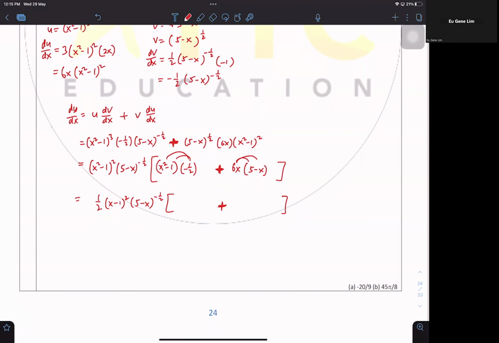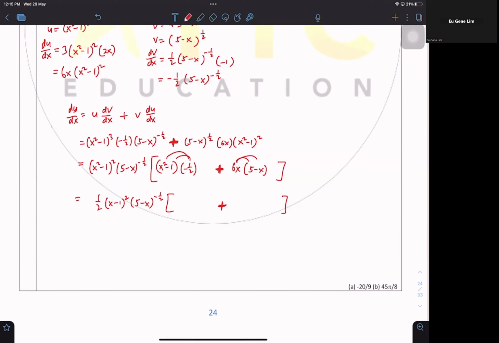I mean, if you don't want to take out the 1 over 2, actually acceptable. So if you don't want to take out, you just expand, and then you just calculate whatever you can, like negative 1 over 2 x squared minus 6x squared. Then you just press calculator, understand? Then that's the answer, just like that. Also can.